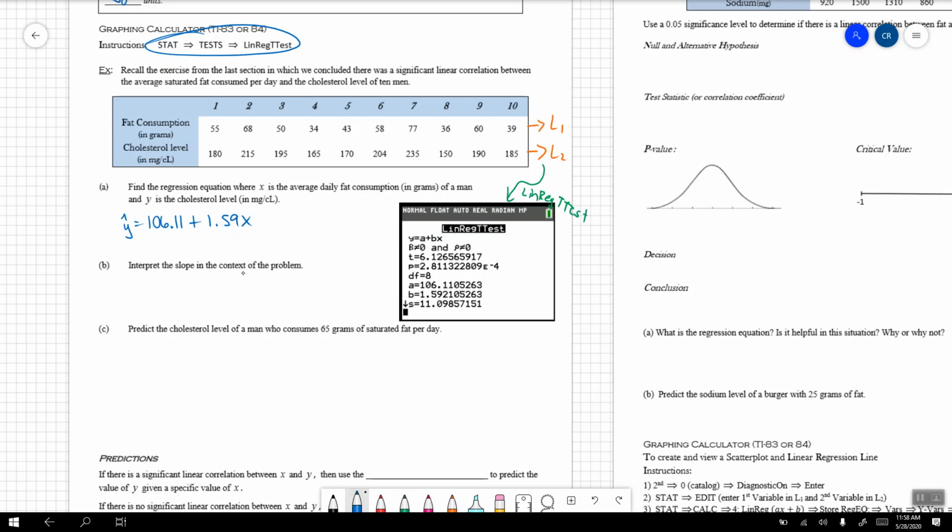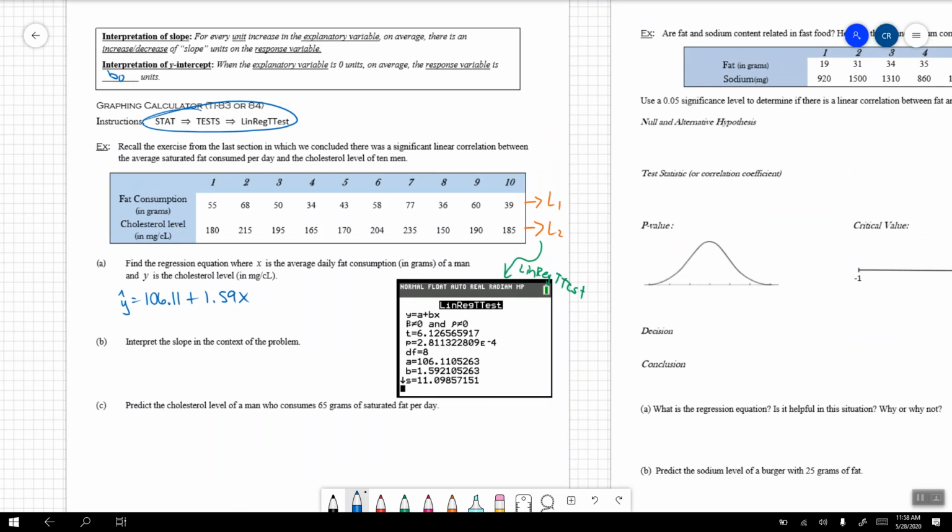All right, so interpret the slope in the context of this problem. Our interpretation is right up here. We want this interpretation of the slope to occur, so we're going to use this interpretation right down here.